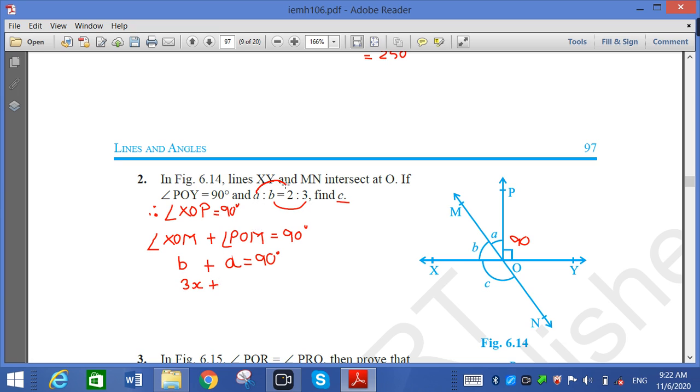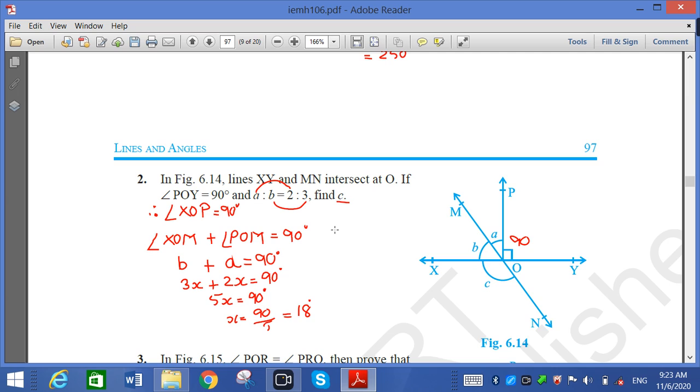A means 2, so I write 2x. So 5x is equal to 90. Therefore x is equal to 90 divided by 5. 18 fives are 90, so x is equal to 18 degrees.